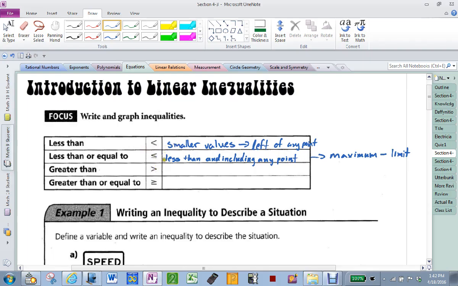Now, you guys are smart kids. Less than is smaller values, so greater than must be greater. And where do they live? Right, to the right. They are to the right. And this is obviously greater than and including, which makes it a maximum, no, a minimum.